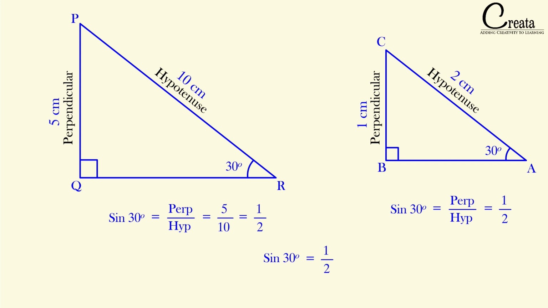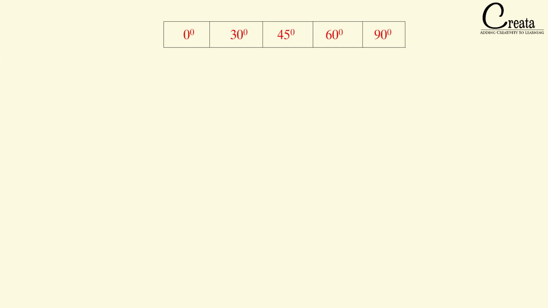So we understood that the values of the trigonometric ratios are fixed. That is, the trigonometric ratios for the angles will have some value, and in this lecture, we will calculate those values. We will not go for all the angles, we will take only some specific angles: 0 degree, 30 degree, 45 degree, 60 degree and 90 degree.